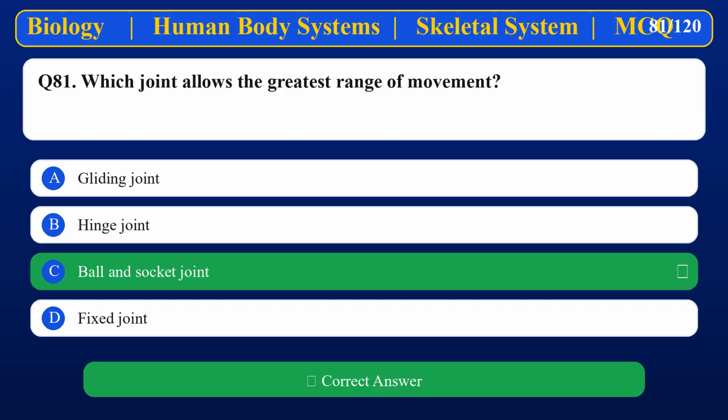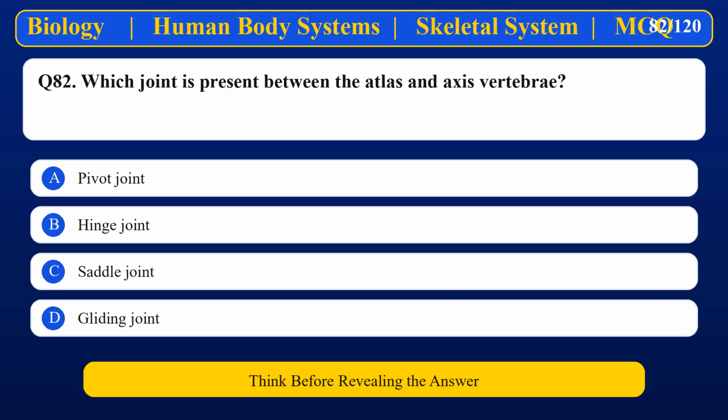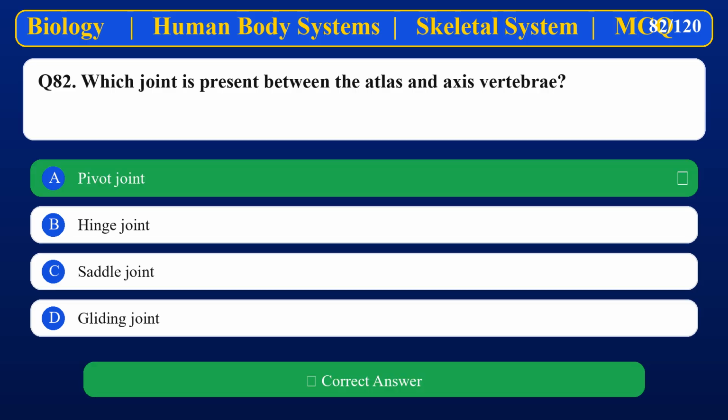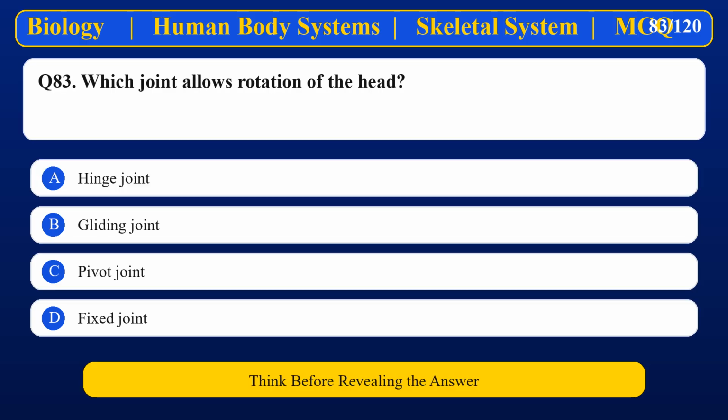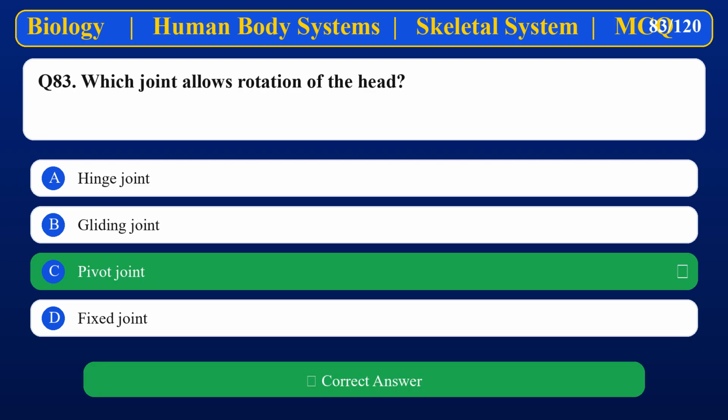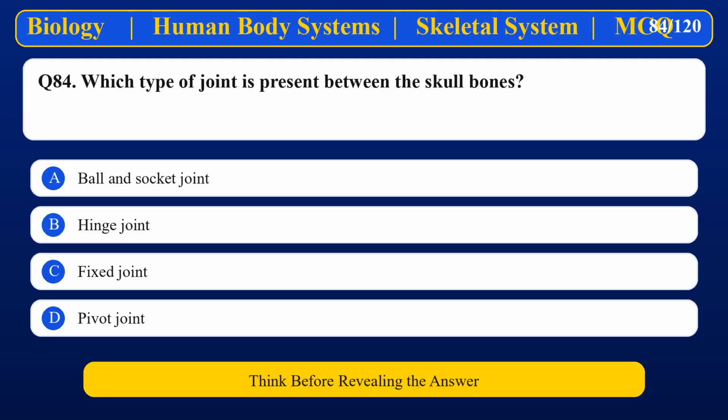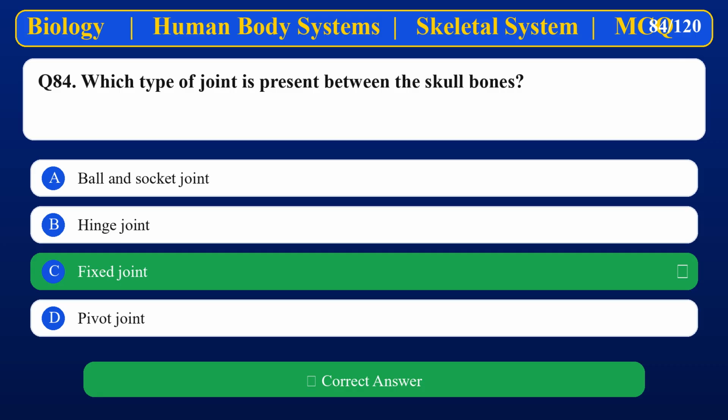Ball and socket joint. Which joint is present between the atlas and axis vertebrae? Pivot joint. Which joint allows rotation of the head? Pivot joint. Which type of joint is present between the skull bones? Fixed joint.